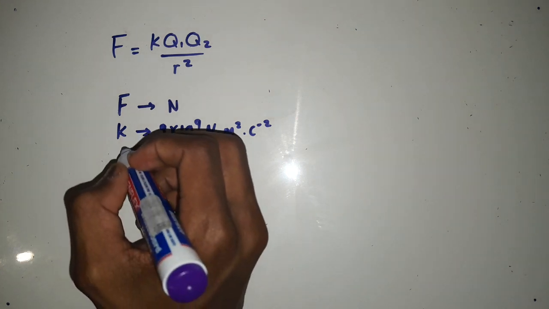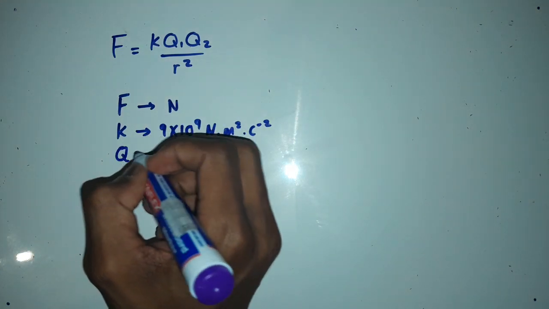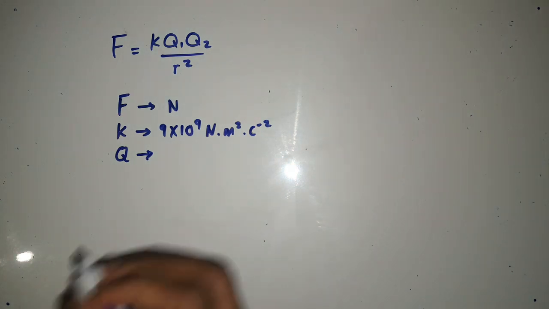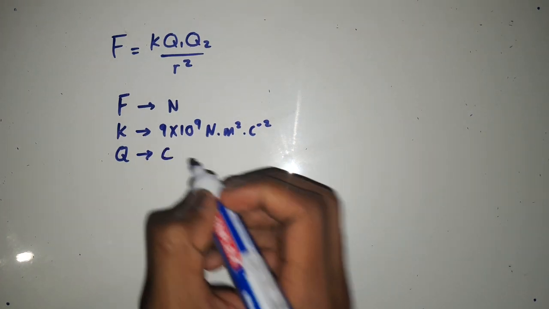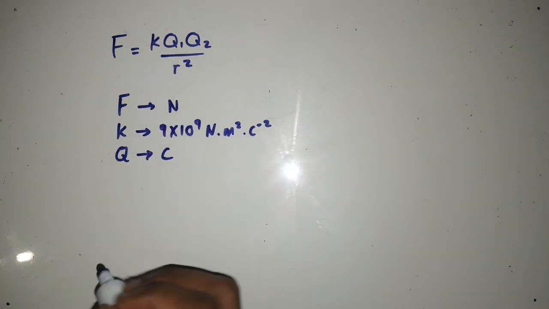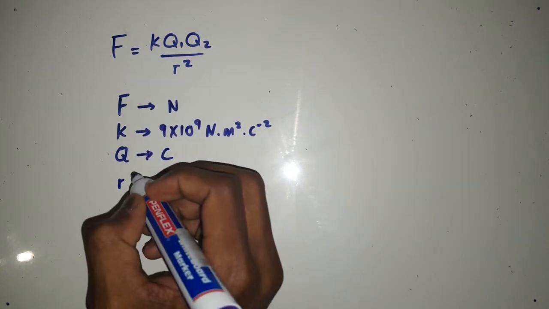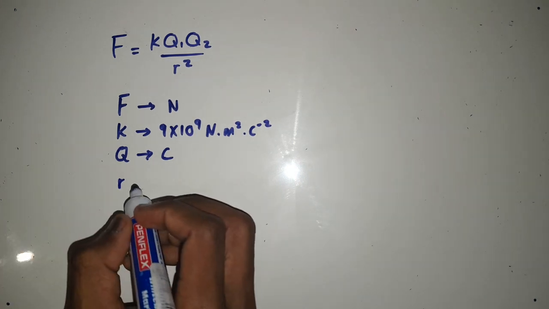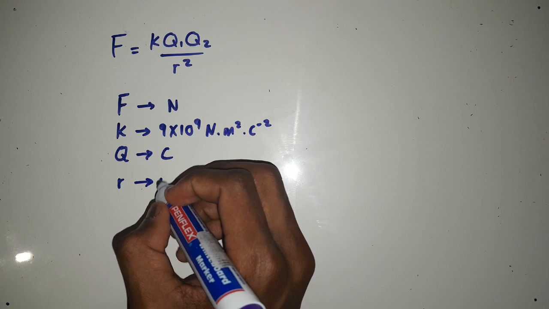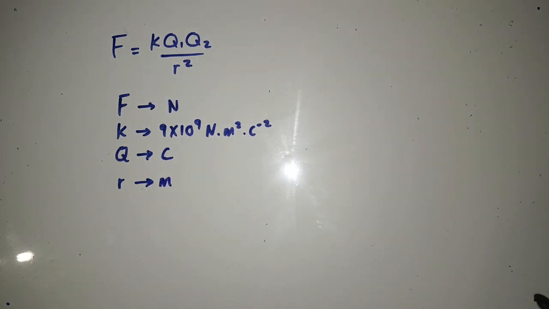Q1 and Q2, I'll just write Q, is our charge, measured in Coulomb with a C. We also have our distance between two charges, R, measured in meters.